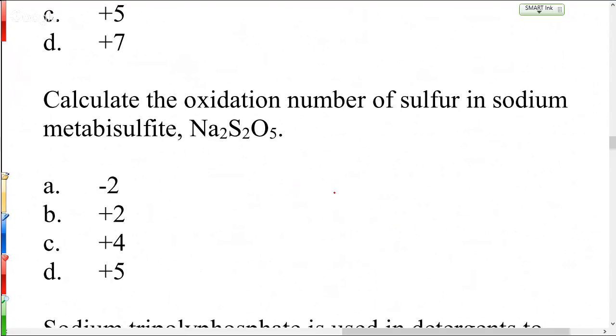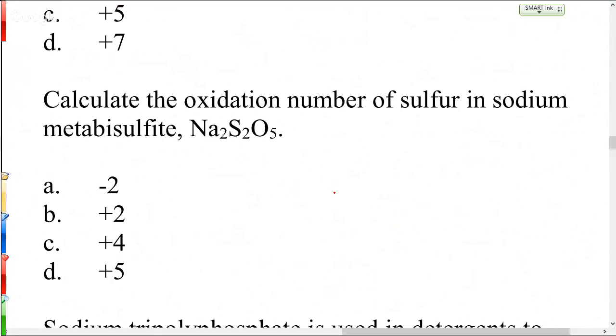All right, what did you come up with? C, +4? Isn't it different? So we have 2+ for the sodium. And then oxygen gets priority, which just means that oxygen is more likely to be -2 than anything else, compared to sulfur, which can have a range of different states.